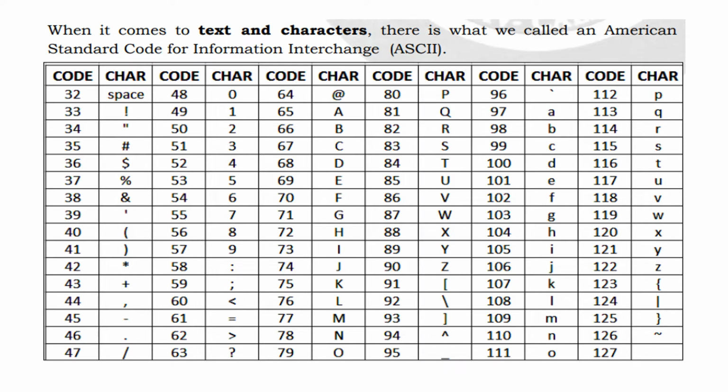For capital letter D, the code is 68. For lowercase letter a, the code is 97. So, all characters have a code known as the ASCII code.